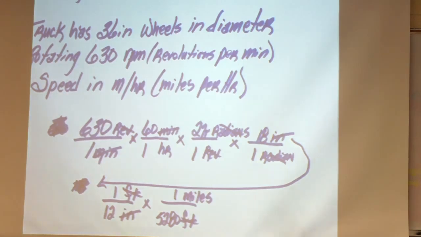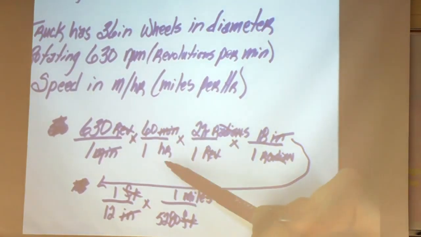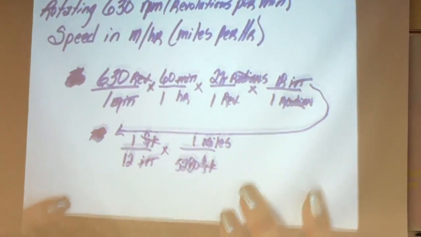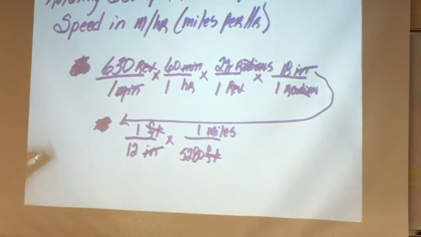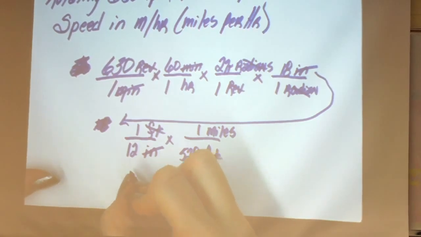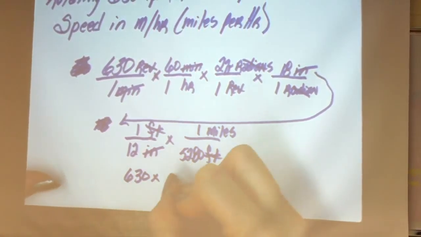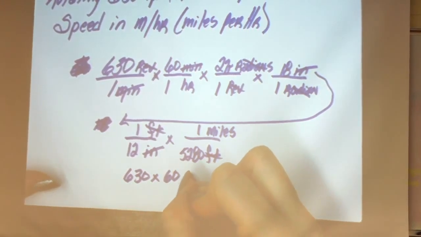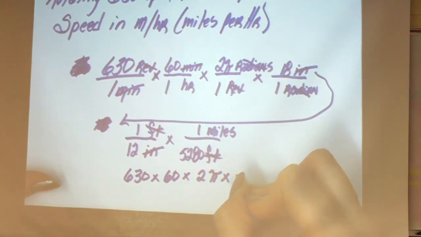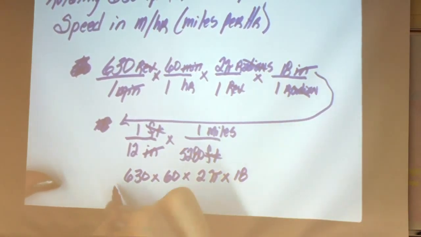Okay? And I wanted miles per hour, so if I look through, I have hours on bottom, I have miles on top. So now I just need to multiply these numbers together, okay? So let's write it as one simple fractional problem. So we're going to have 630 multiplied by 60 multiplied by 2 pi multiplied by 18, all on top.